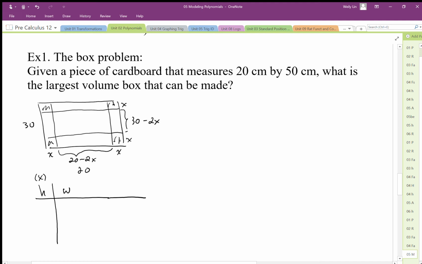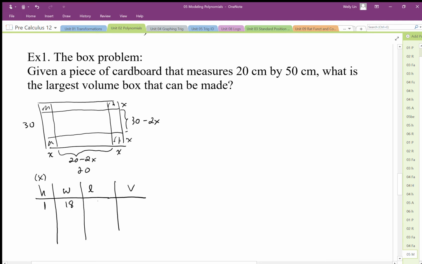Okay, so let's plug in some numbers here and see what we get. Let's cut off just a little corner, 1 centimeter. My width ends up being 18. My length ends up being 28. Let's multiply this all together to get the volume.